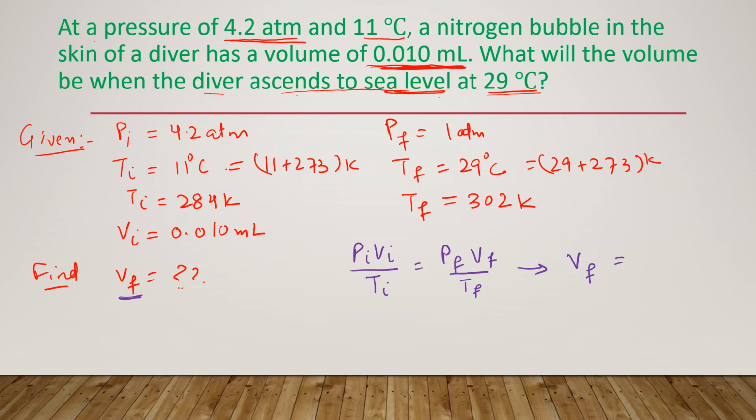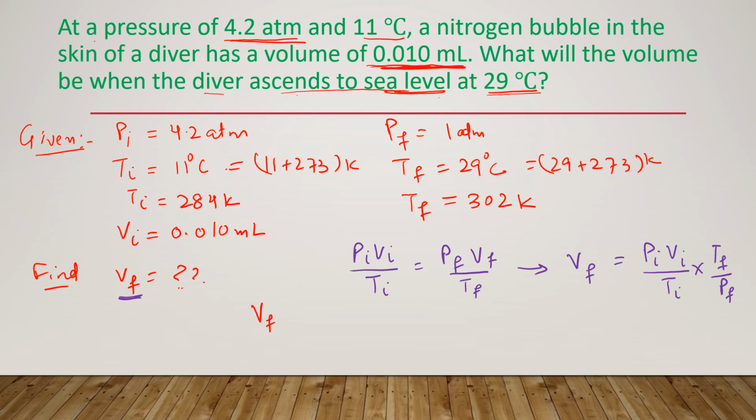When I reshuffle the equation, it becomes Vf is equal to Pi times Vi divided by Ti, multiplied by T final divided by P final. So all we now need to do is plug in the values and find the final volume.